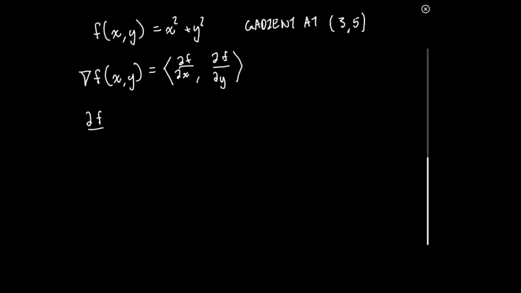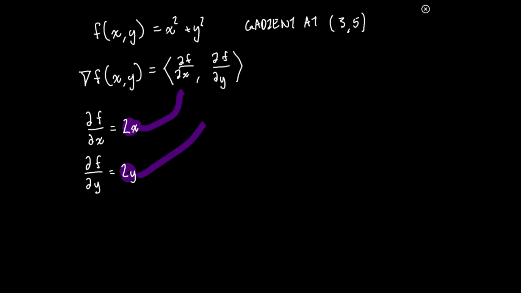Partial derivative of f with respect to x is equal to 2x, right? Because y is just a constant. And then the partial derivative of f with respect to y is 2y. So then we take both of these and we plug them back into this equation here.